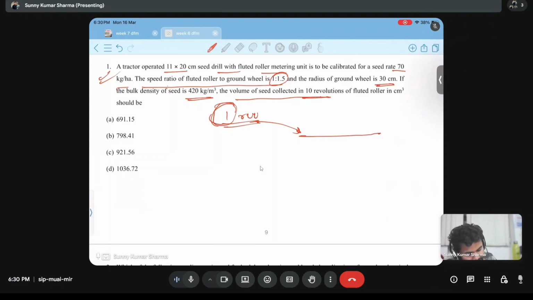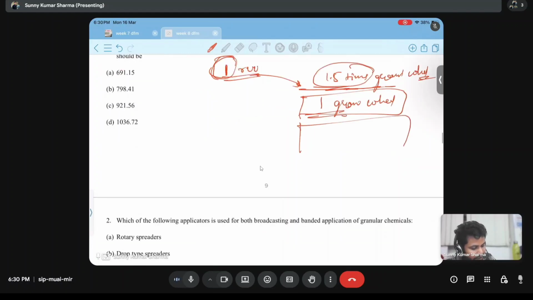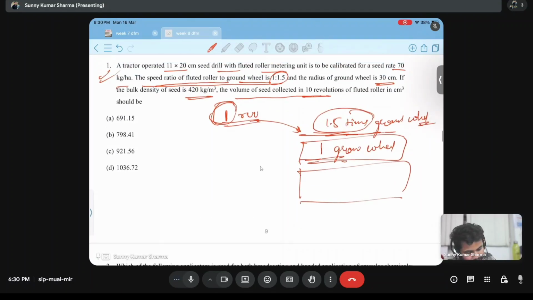Suppose here it is given that seed drill to ground wheel is 1:1.5. Means when 1 revolution of seed drill is happening, the ground wheel is getting 1.5. So in 1.5 revolutions of the ground wheel, what is the seed volume? In one revolution of the ground wheel, what area is covered, that must be taken.